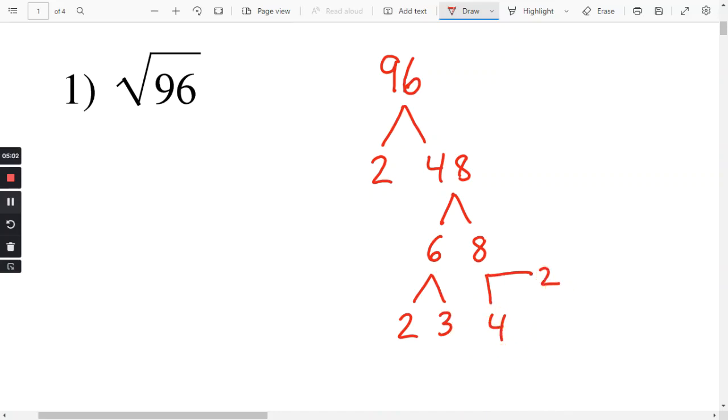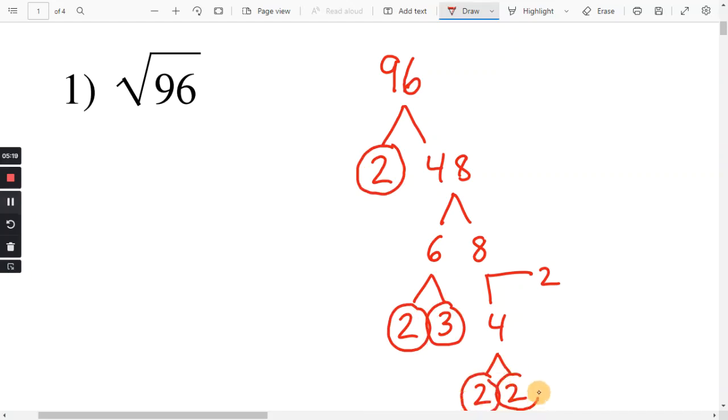And for the 4, we can do 2 times 2. What you want to do is circle all the last numbers. So they should be primes. Actually, I'll show you in another one that might not have to always be primes, but just circle all of the last numbers that you didn't break up.